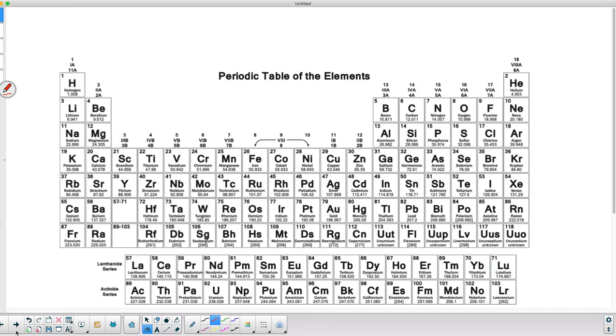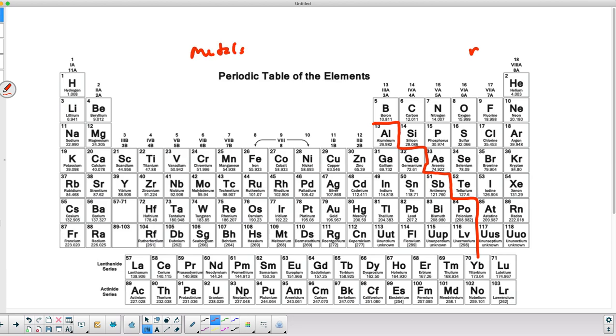So let's take a look at our periodic table. Our periodic table here has one clear mark that goes something like this. To the left of this are the metals.